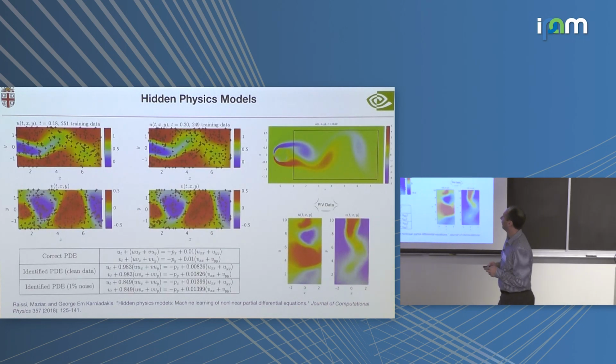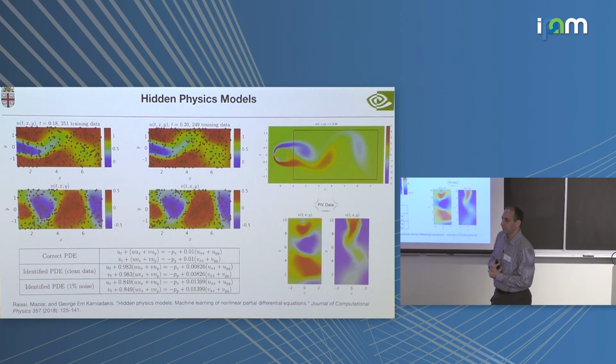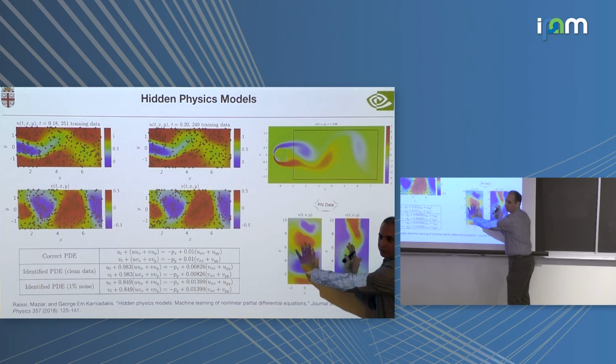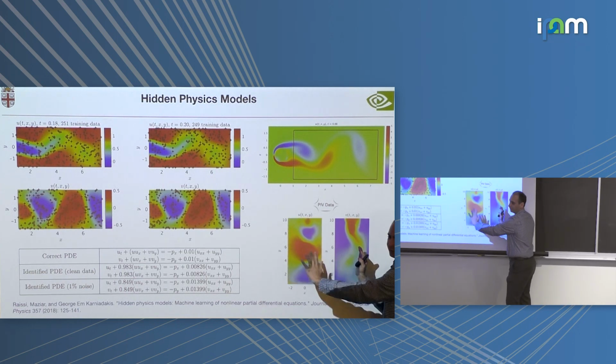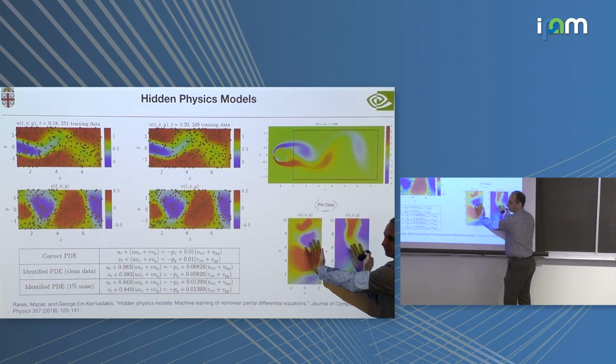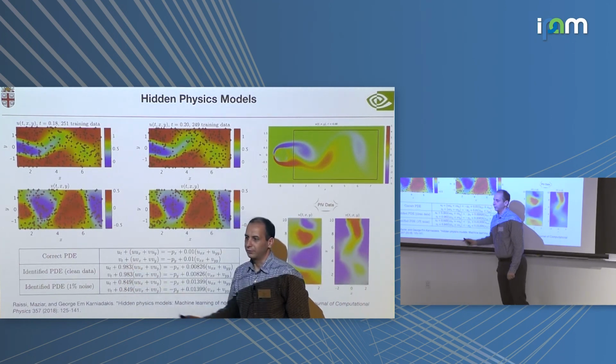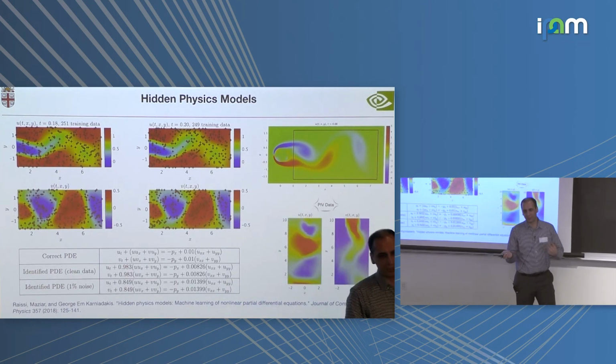You can do Navier-Stokes, flow past the cylinder, with 2 snapshots of this one, not the whole time series, not the entire spatial-temporal time series, 2 snapshots. And we are learning the coefficients, basically what is the Reynolds number.